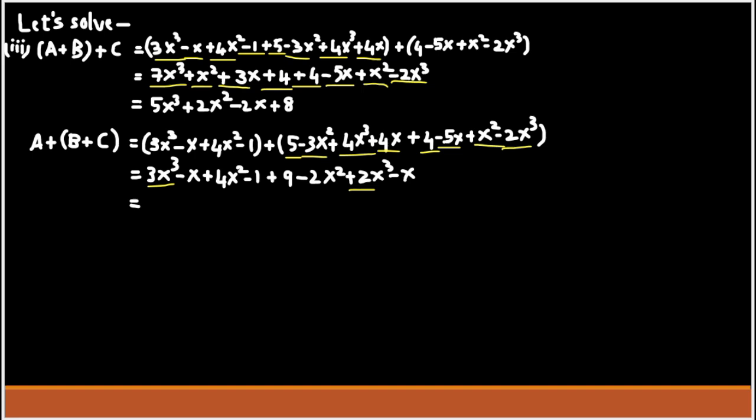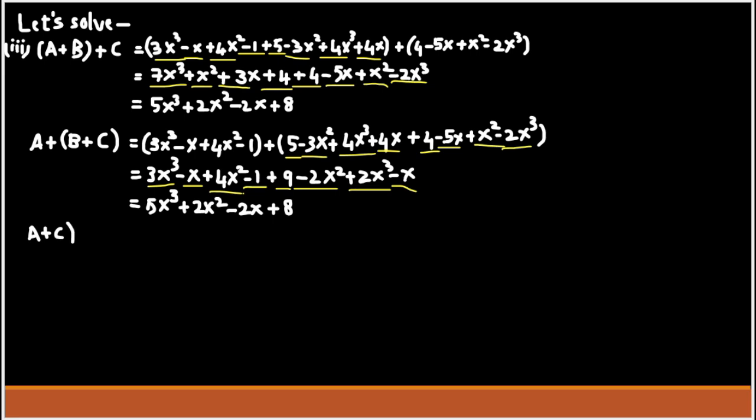Now we are adding this to the polynomial a. We get 3x cube from a and 2x cube from the sum, 3 plus 2 which is 5x cube, and plus 4x square from a minus 2x square from the sum which is 4 minus 2, plus 2x square, and minus x from a and minus x from the sum, both minus x and minus x.